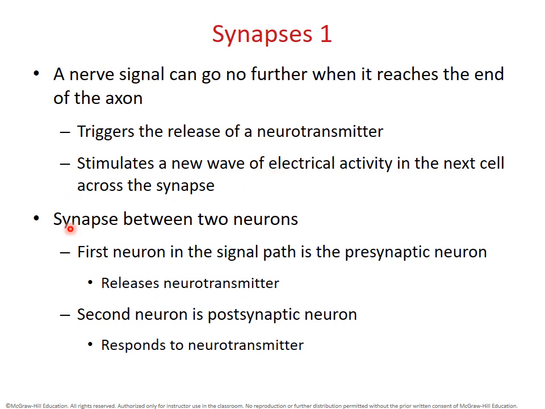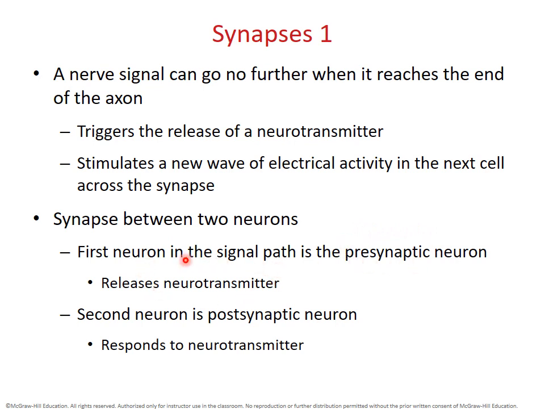When we're talking about a synapse specifically between two neurons, of course, the next cell will potentially create new electrical activity. And we use terminology that I introduced earlier in this chapter, but I'm just going to review it again. If I have a synapse between two neurons, then the first neuron in the pathway, the one that's going to deliver neurotransmitter from its axon, is referred to as the presynaptic neuron. In other words, that's the one in front of the synapse.